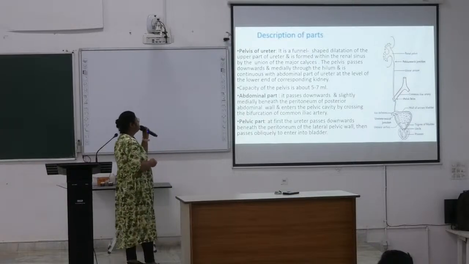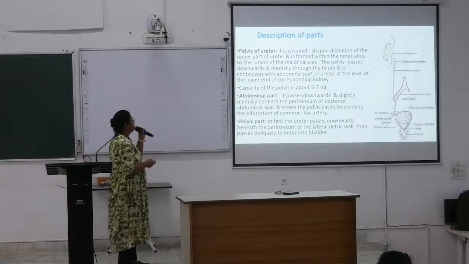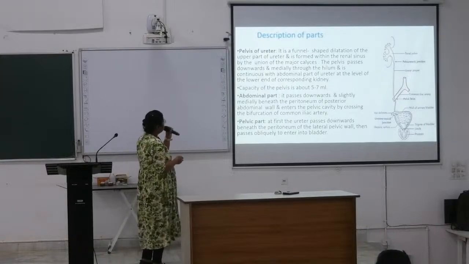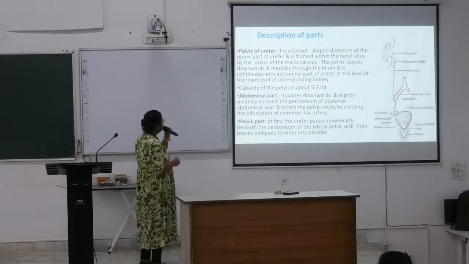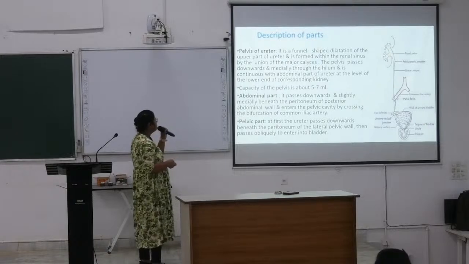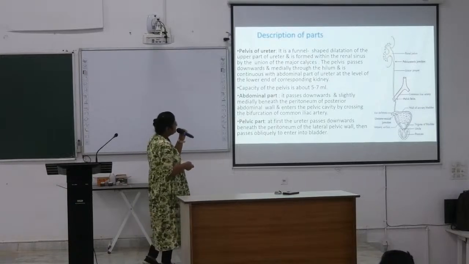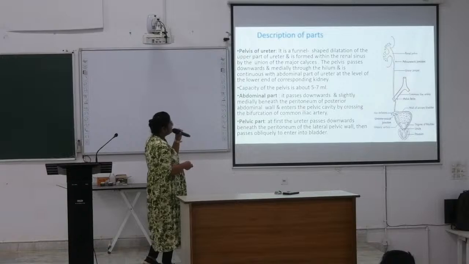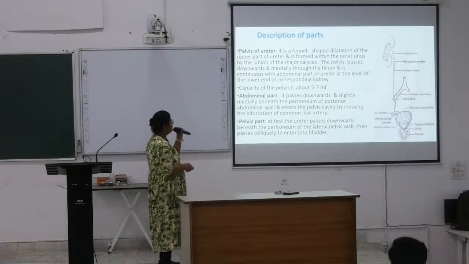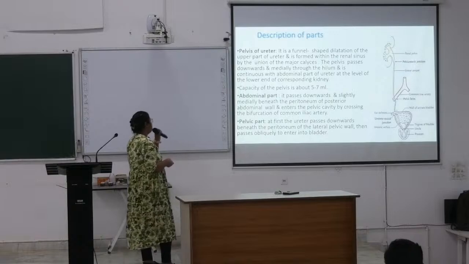Next we go to the abdominal part. It passes downward and slightly medially beneath the peritoneum of the posterior abdominal wall and enters the pelvic cavity by crossing the bifurcation of the common iliac artery. Here is the bifurcation of the common iliac artery into external and internal iliac. At this region, the ureter is crossing. Then the pelvic part.